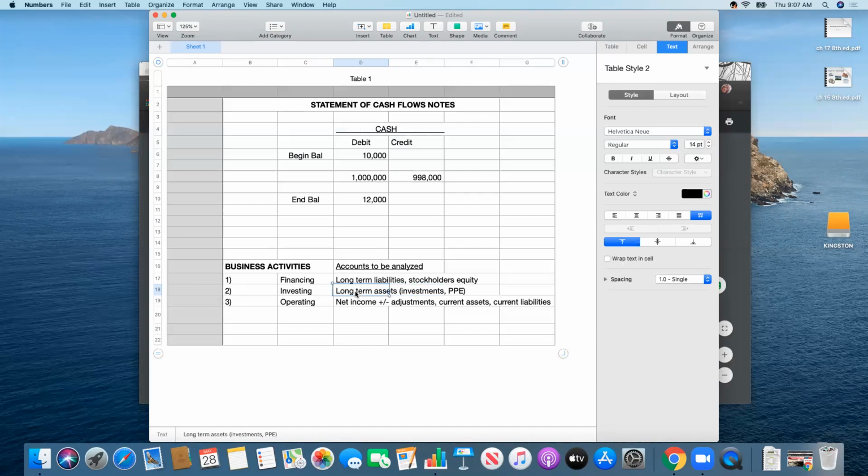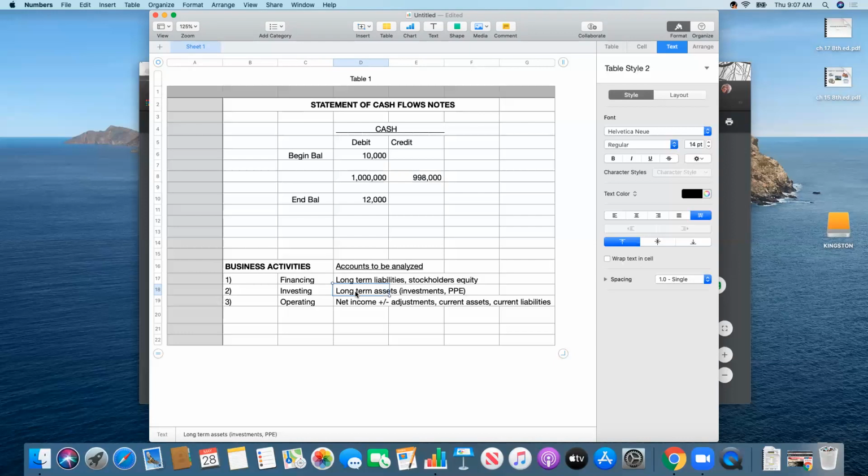Chances are, if these assets increased, cash decreased. Again, on the assumption that you used cash to buy them. If these assets decrease, it could be because of something like depreciation, right?